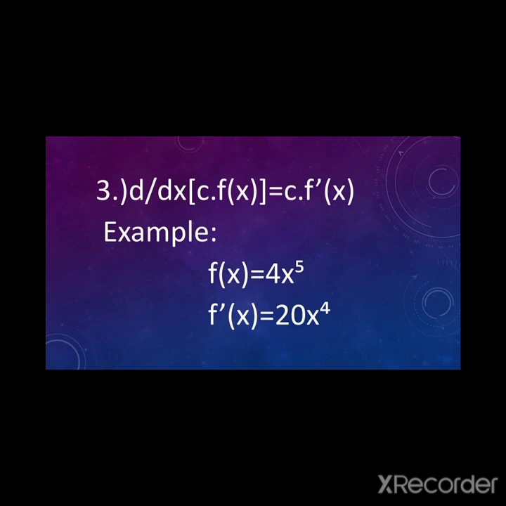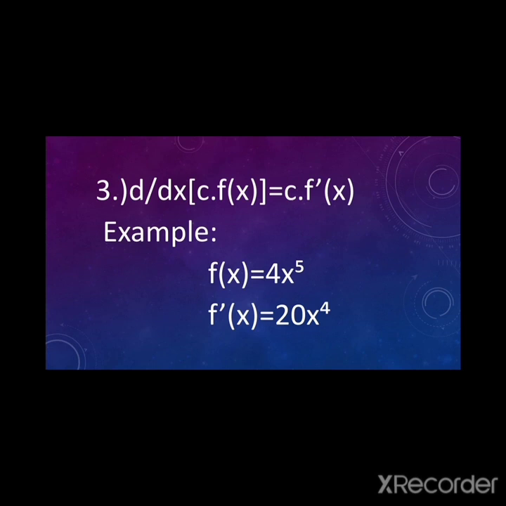The 4 just hangs out, so you do 5 times 4, so it's 20x. Let us subtract 1. 5 minus 1 is 4, so you get 20x to the fourth. We used this rule. The 4 was the c, so it just stays back there and hangs out.